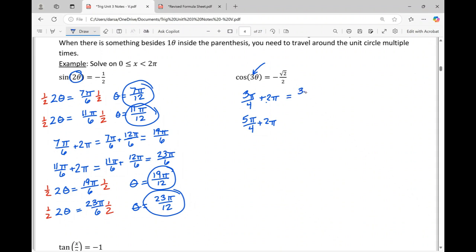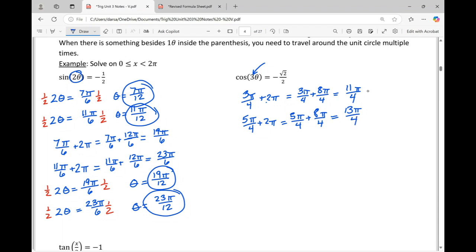That's 3 pi over 4 plus 8 pi over 4, which is 11 pi over 4, and 5 pi over 4 plus 8 pi over 4, which is 13 pi over 4. So here is our second pair, 11 pi over 4 and 13 pi over 4.